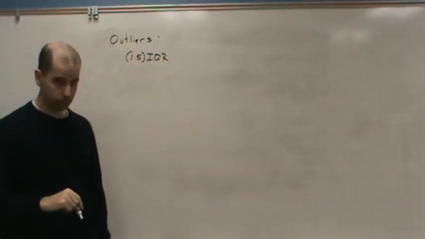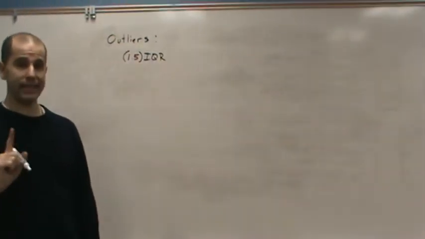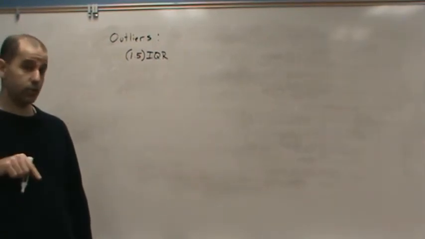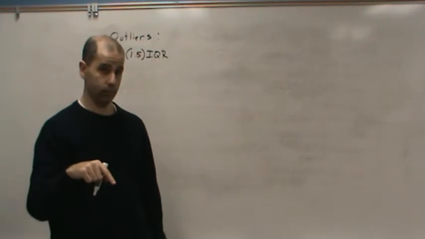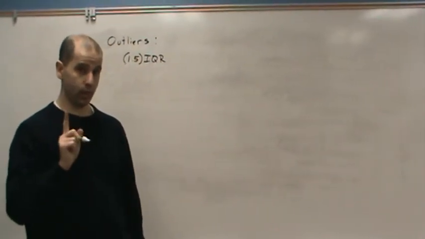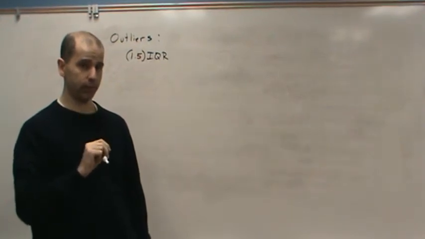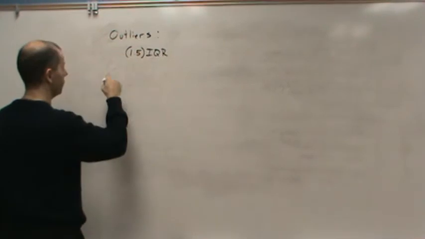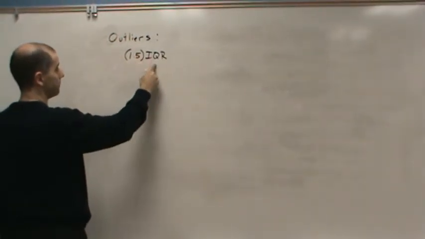We're going to take that value and add it to Q3, and subtract it from Q1 to get 2 numbers. Those are going to come up later too. So here's the idea. We're going to take 1.5 times the IQR.